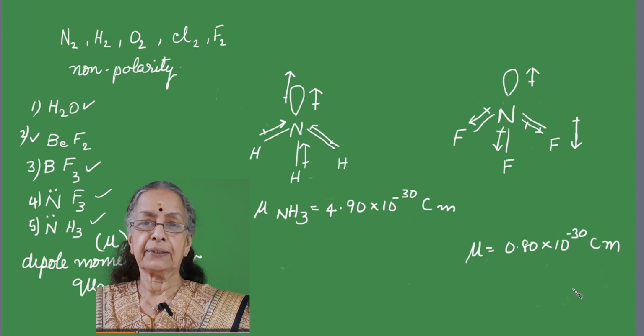This is because the 2 dipoles, that is the orbital dipole moment and the resultant dipole moment for the nitrogen-fluorine bonds, are in opposite directions. In the case of ammonia, the net dipole moment is more. This is because the resultant dipole moment for the 3 nitrogen-hydrogen bonds and the orbital dipole moment are all in the same direction. I hope I have cleared your doubts.